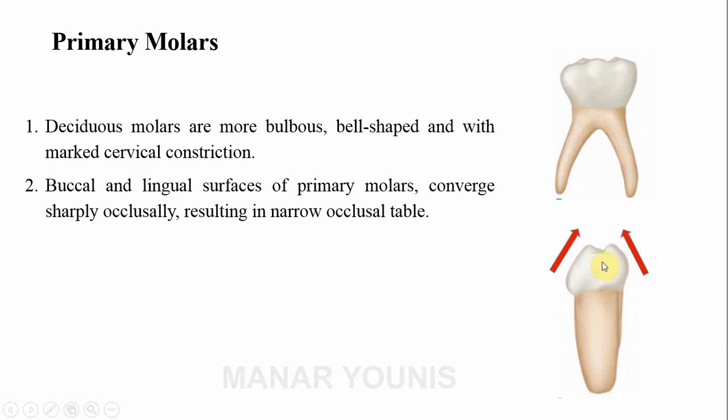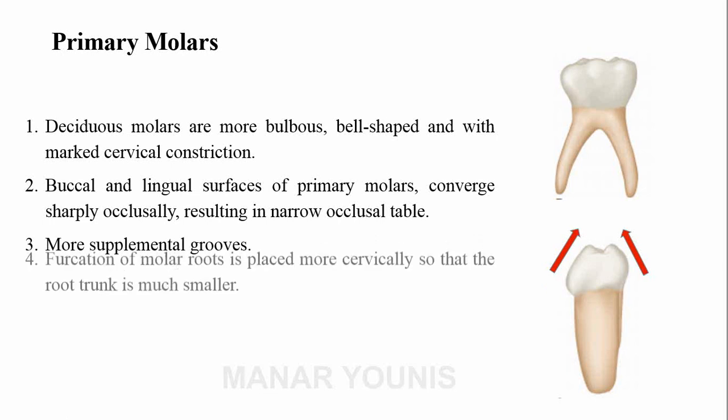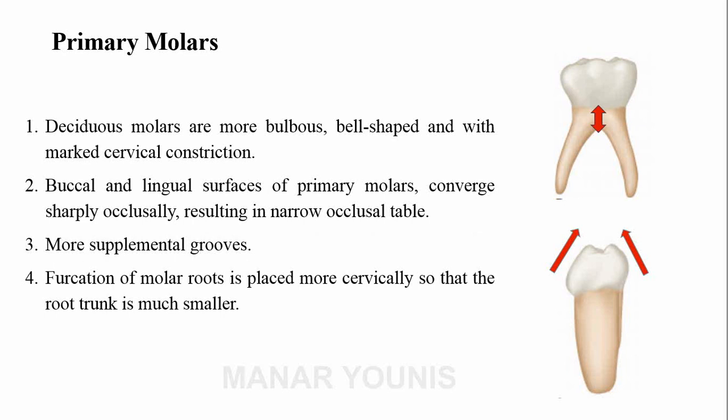This can be seen mainly in the primary first molars. There are more supplemental grooves from the occlusal aspect, and the occlusal surface is more flat. Bifurcation of molar roots is placed more cervically, so the root trunk appears much smaller compared with permanent molars.